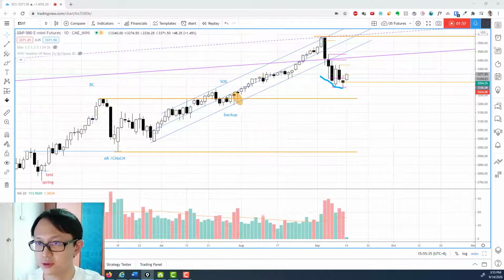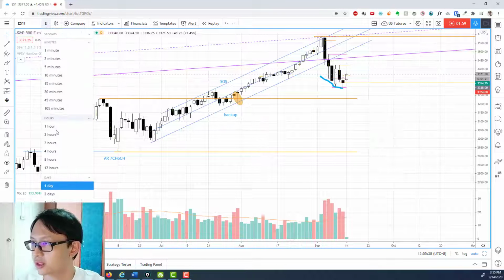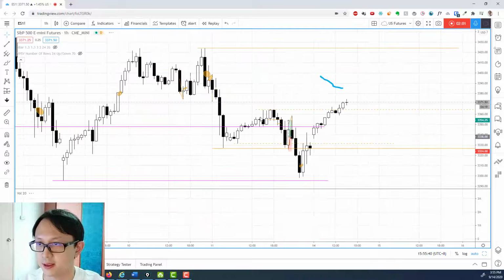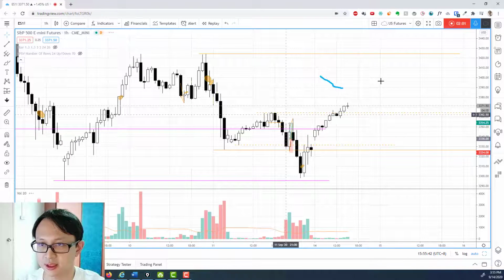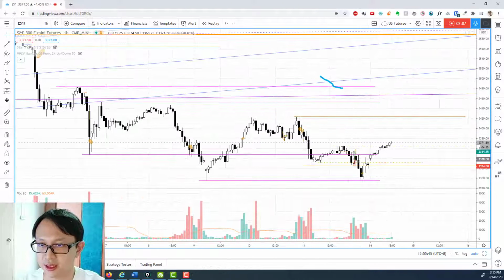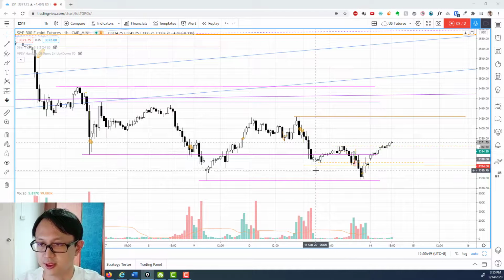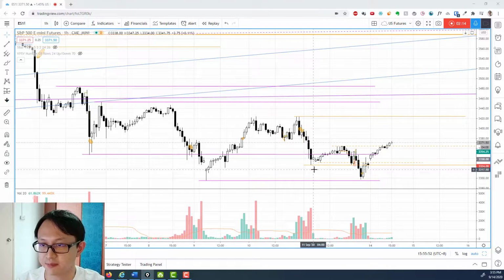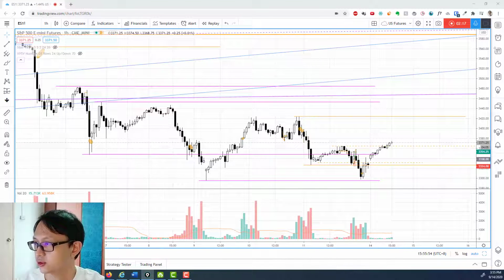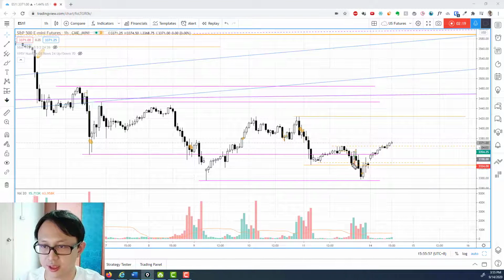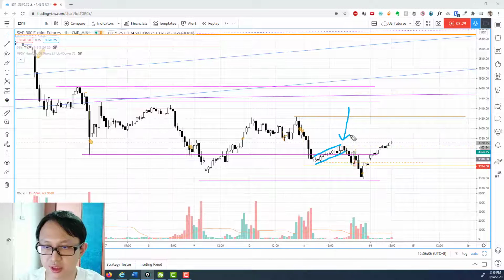Alright, so let me get down to the hourly time frame and have a look at what happened in the last session on last Friday. So as you can see here, this is Thursday, and just prior to the US opening session, we have a very weak rally during the non-RTH Globex session, the Asian and European London sessions.